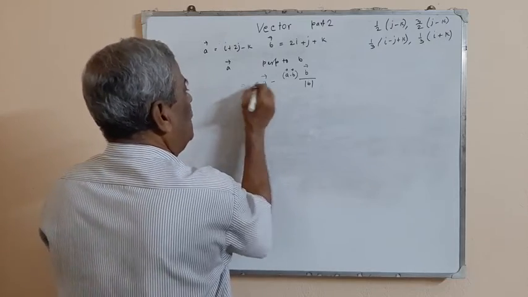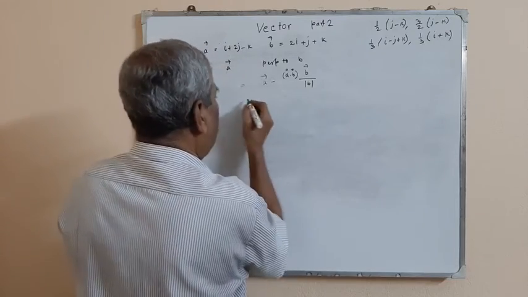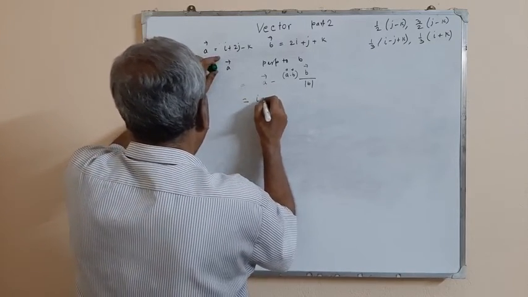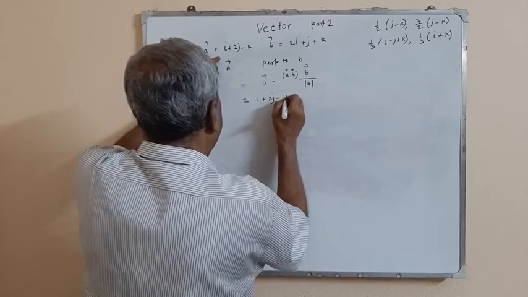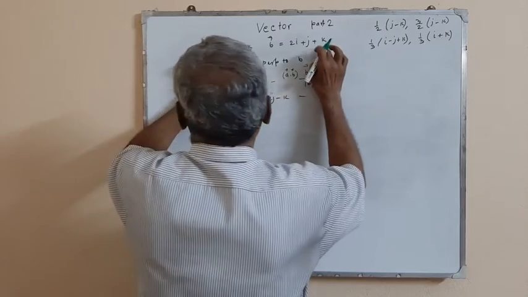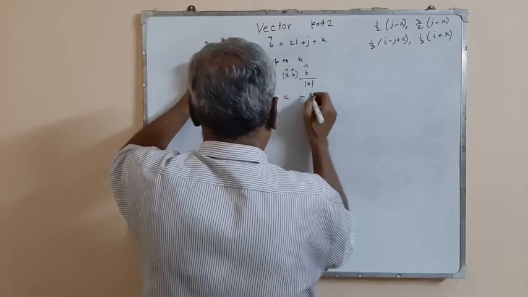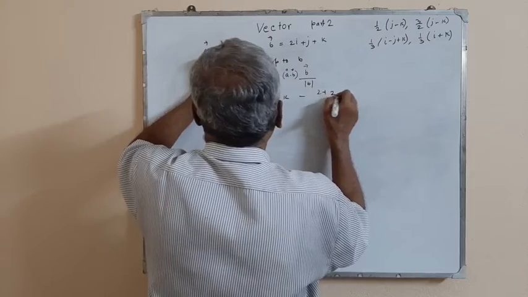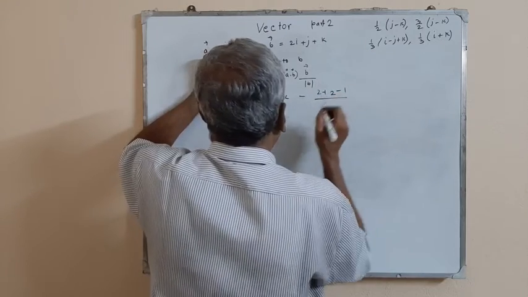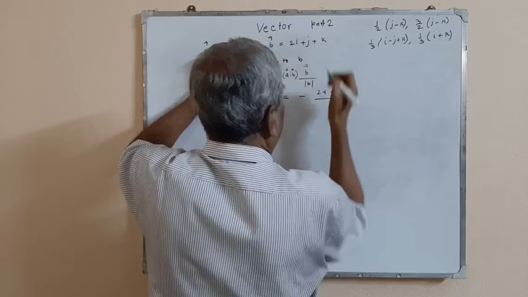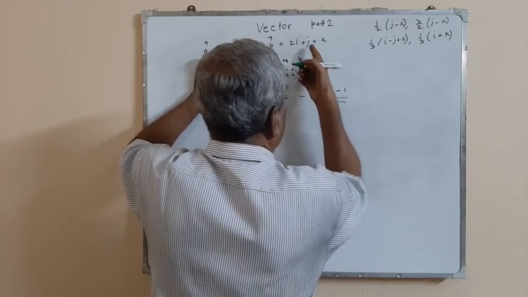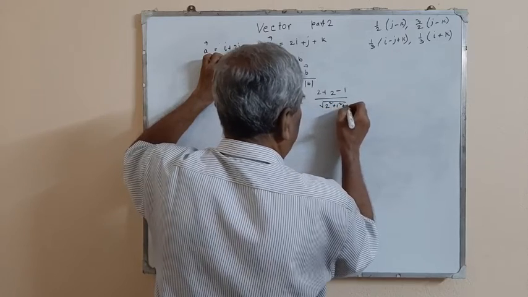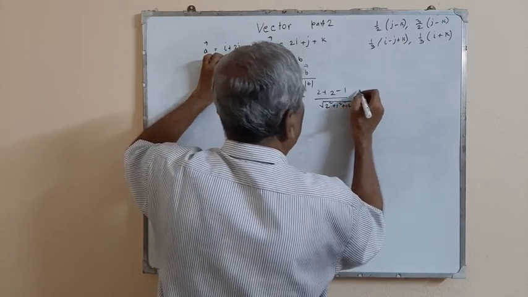So the component perpendicular to B is equal to A vector, which is simply i plus 2j minus k, minus A dot B, that is the dot product of these two: 2 plus 2 minus 1, divided by magnitude B squared, which is 2 square plus 1 square plus 1 square, into B vector.